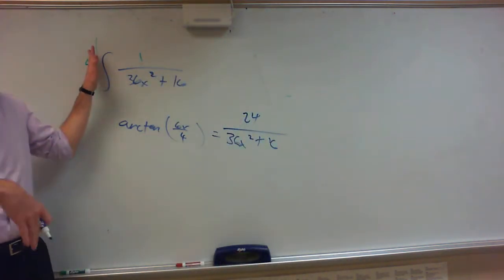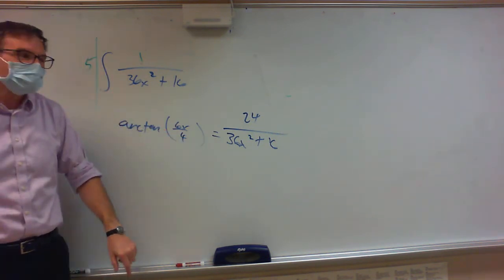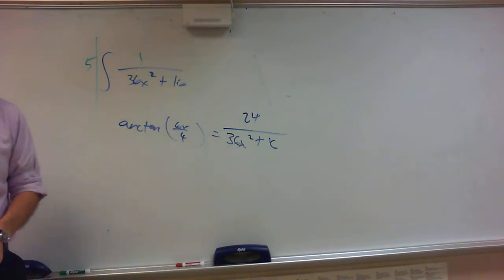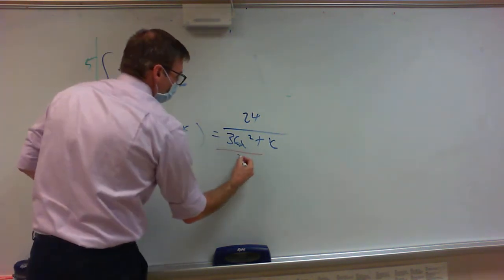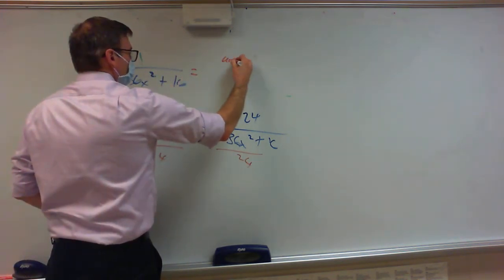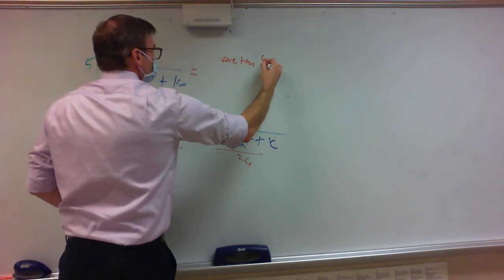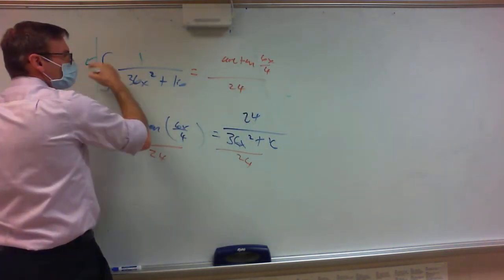Well, we'll put that at the very end. It's decoration. What do I have to do? I have to divide by 24. And so my answer is going to be arctangent of 6x over 4. I probably should reduce that. Divided by 24. Oh, the decoration is still there.